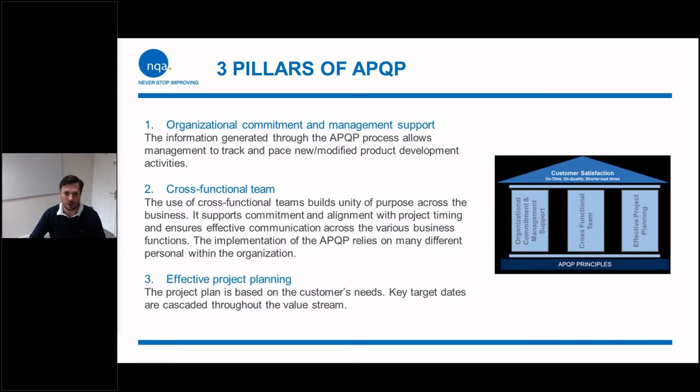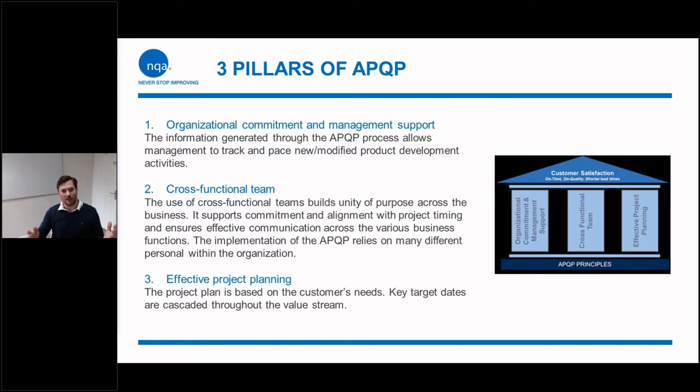Cross-functional team, it can't be just left to one person to do this APQP. It needs a lot of different people to get involved at lots of different points throughout it. Yeah, you need quite a broad sectional team to cover this effectively. For argument's sake, a quality manager may not be able to do the design bit fully. You need people from the design team to get involved in it.